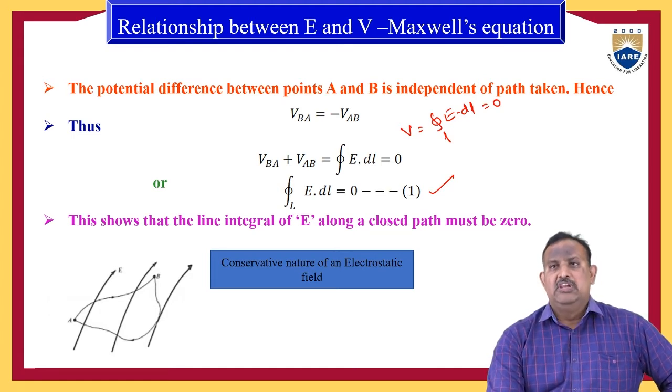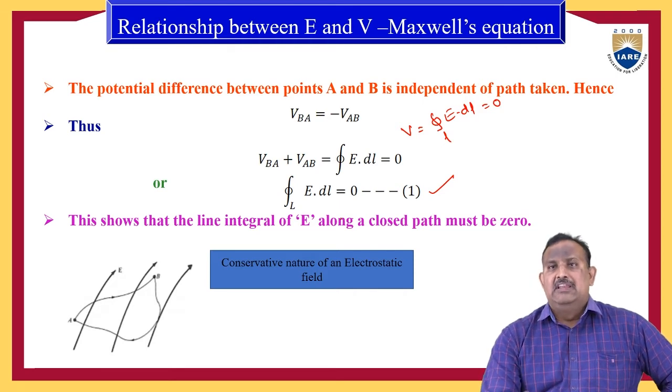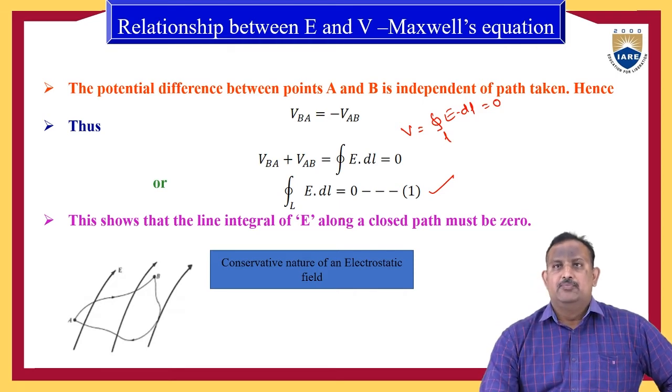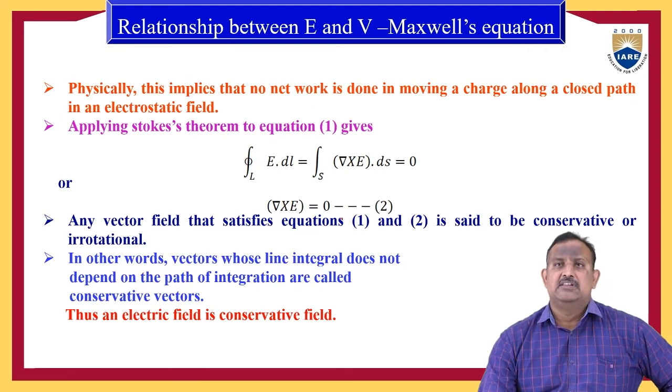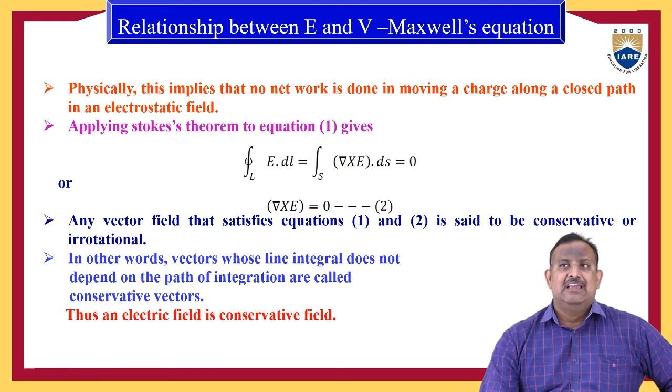According to equation 1, we can conclude that the total electric field in a closed loop is equal to 0. Physically, this implies that no net work is done in moving a charge along a closed path in an electric field.